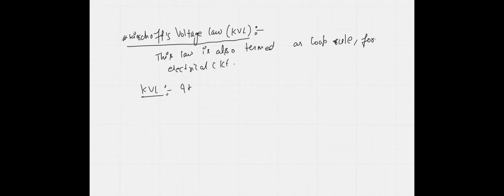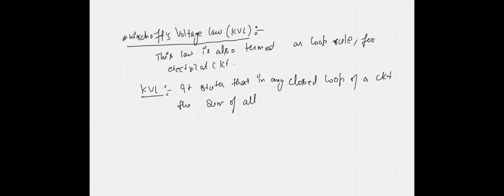It states that in any closed loop of a circuit, the sum of all EMF of the loop and potential drop across all resistances of the loop is equated to zero.